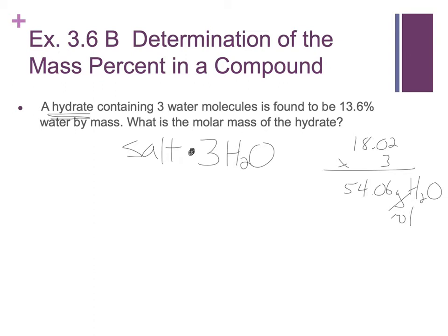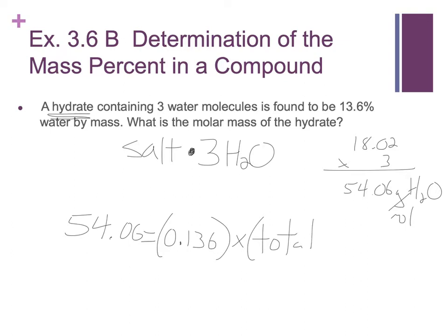So we can get the mass of those 3 water molecules. Now we know, just simple algebra here, we can go backwards. 54.06 is going to be equal to 13.6% of the total molar mass.